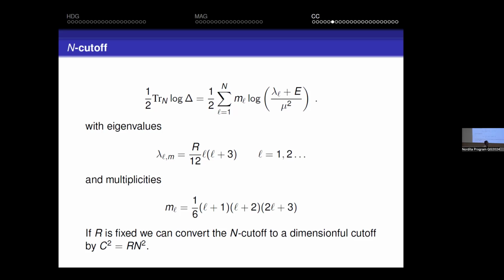Of course, if R is fixed, you can convert the dimensionless cutoff N into a dimensionful cutoff C squared by just multiplying it with R. If N is the largest possible value for L, then the largest possible eigenvalue of the Laplacian is R over 12 times N(N+3). I call the cutoff C because I don't want to call it lambda, because then it gets confused with the cosmological term.